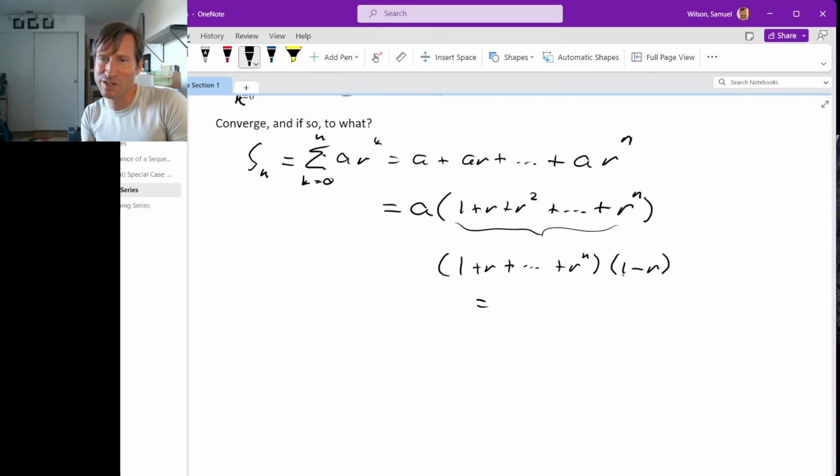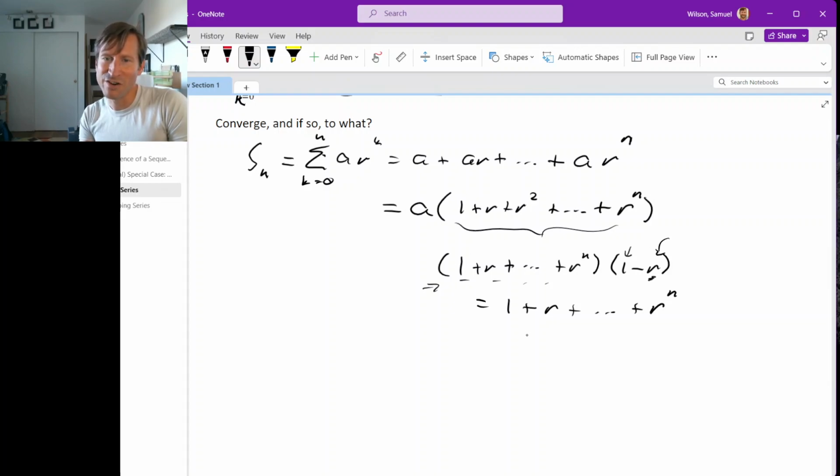So you get first 1 times 1, so that's 1, plus r times 1. I'm distributing each term on the left over to this 1, and then afterwards I'll distribute it over to this minus r. So 1 times 1 is 1, r times 1 is r, and so on, all the way down to r to the n. And now let's distribute each term over here to this minus r.